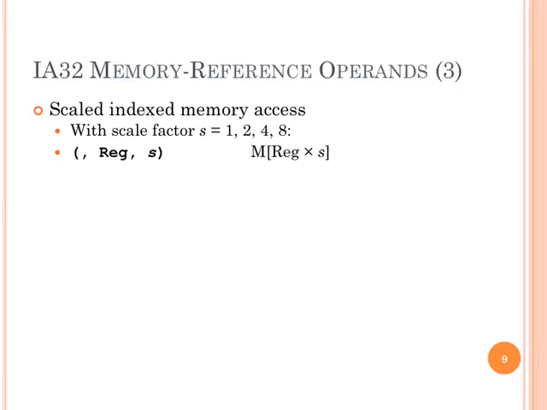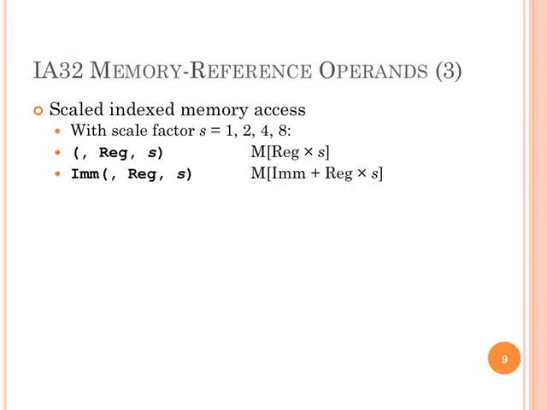And we have this lovely syntax: open parenthesis, comma, reg, s. Basically the first value is not specified, but the second register value is, and a scale is specified. It will just multiply that register by s. Now notice our s's are all powers of 2, so really all we're doing is just shifting this register. That's why we can do multiplication and it's fast.